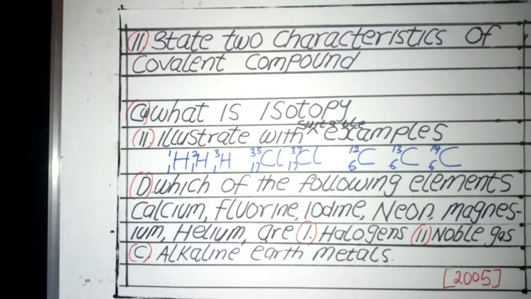They are in group 8 or group 0. There we have neon, argon, right? Helium, neon, argon, and others. Then alkaline earth metals. These are group 2 elements. There we have calcium, magnesium, beryllium, and the likes. So having that in mind, we know that halogens are fluorine and iodine.